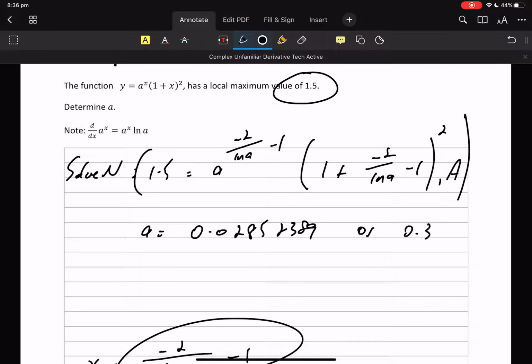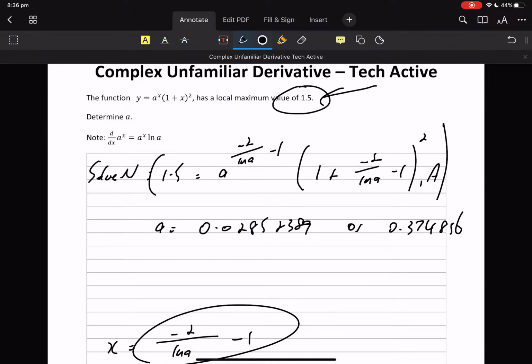You know, the numbers don't really matter because we've got the answer down the bottom of the page. But it's an unfamiliar situation because of this a thing here, and you've got a little bit of work to do because we don't know that x value. So very, very unfamiliar. But simple if you can do it.